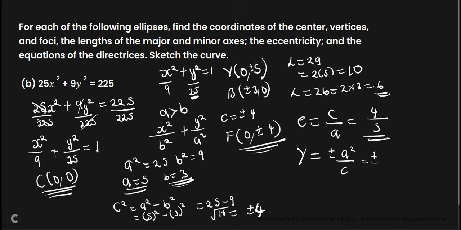What is your a? It was 5 squared, right? Then what is your c? Your c in this situation was 4, such that we have 25 over 4. That's your directrix. That's right?